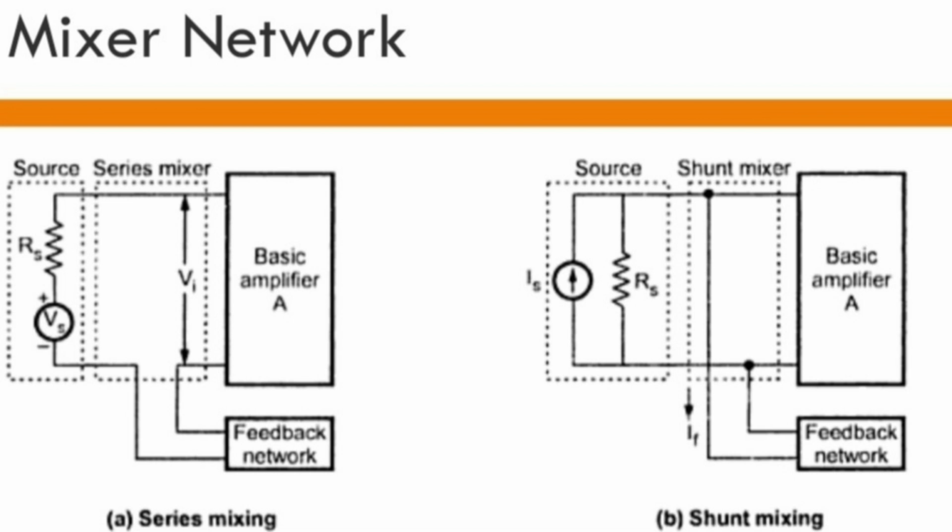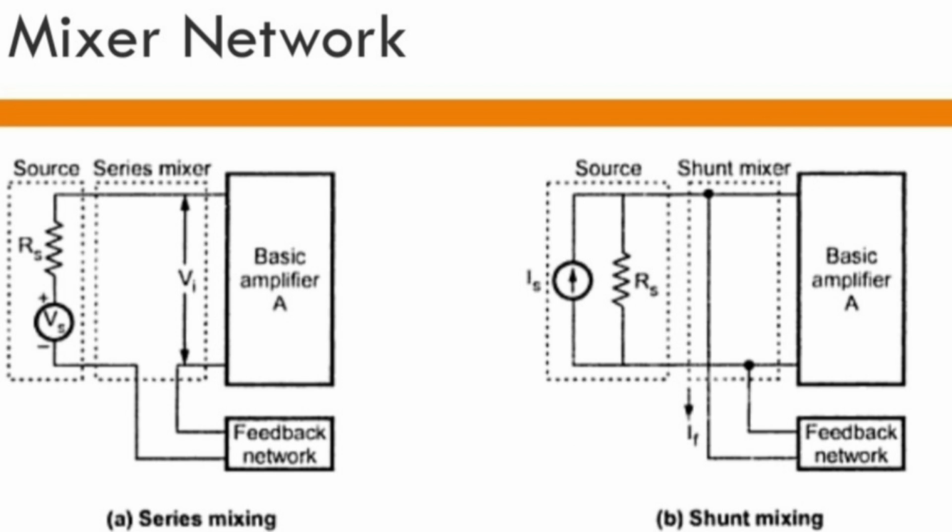There are two ways, series and parallel or shunt. If the mixing is series, then the voltage is added or mixed, and it is said that the feedback signal is a voltage signal. And if the mixing is in parallel, then the feedback signal is a current signal.